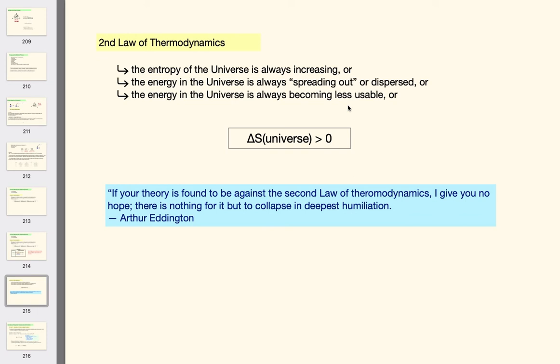And given enough time, the millions and billions and trillions of years it might take, barring any supernatural intervention, all of the energy is going to become less and less usable, spread out and worthless. It will be there, but it's no longer usable.